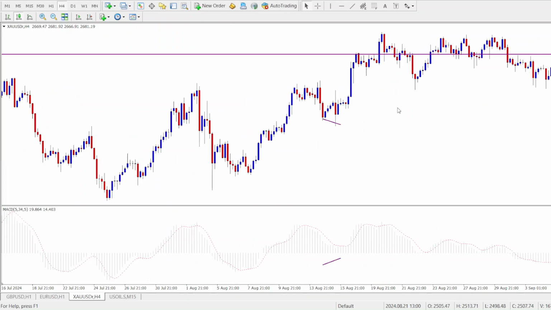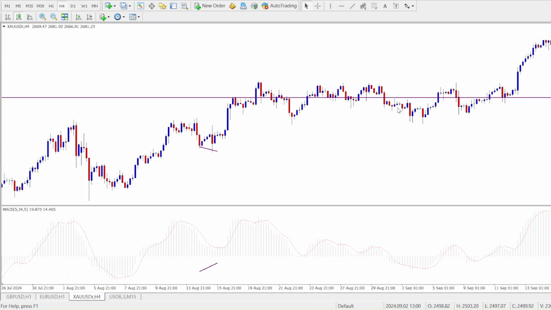So just to save time, we're going to skip it. But just know that in a bullish hidden divergence, price makes a higher low, and the MACD indicator makes a lower low, while on the bearish hidden divergence, price makes a lower high while the MACD makes a higher high.